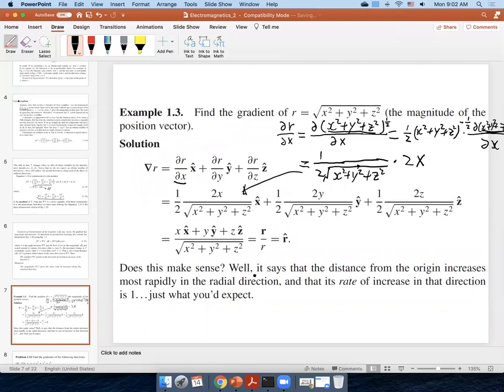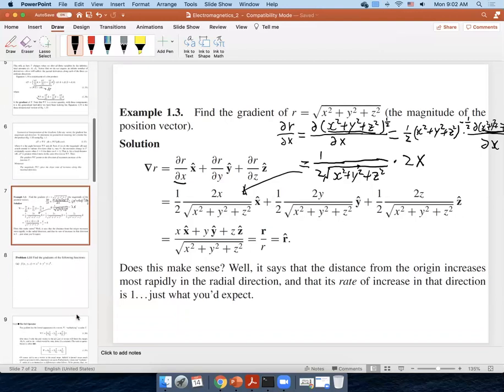So the gradient is the unit vector of r. It says the distance from the origin increases most rapidly in the radial direction, and the rate of increase in that direction is 1. This is what we expect.